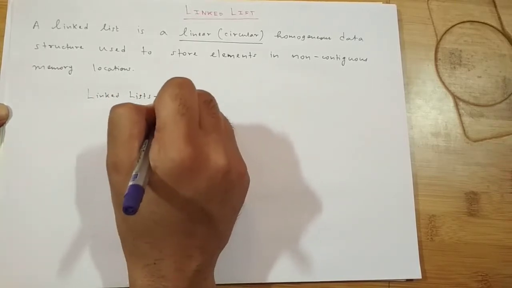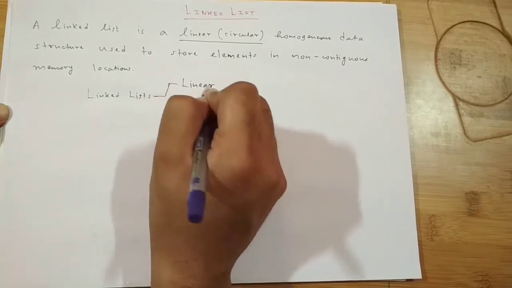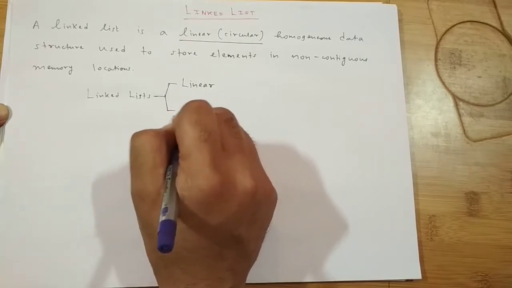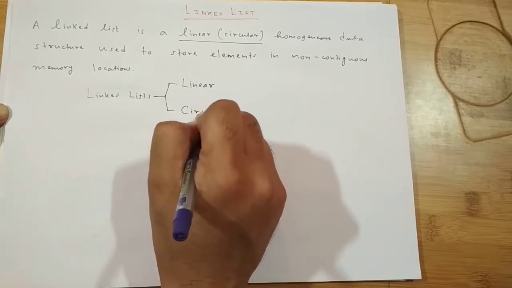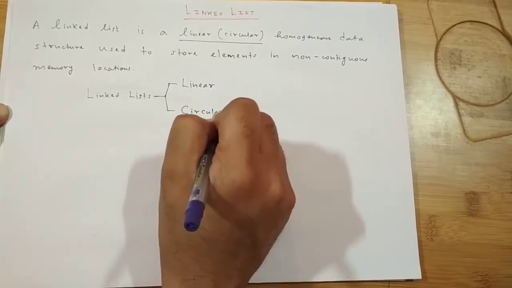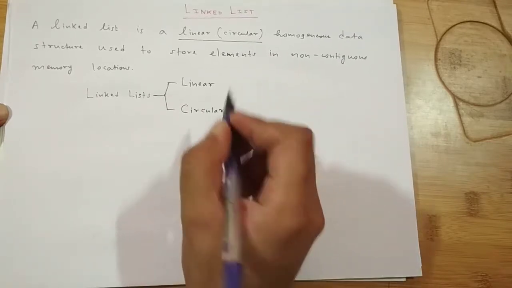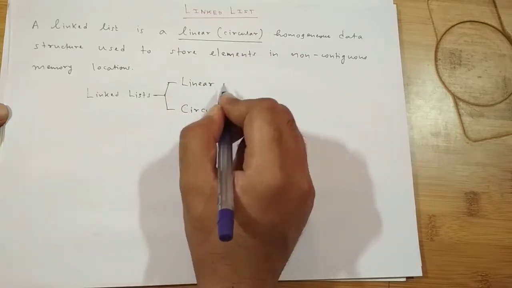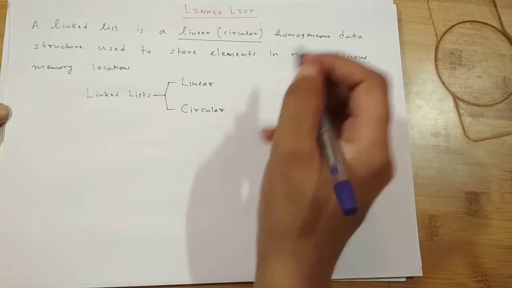Our linked list can be a linear linked list, that means arranged in a row, which has a definite starting point and a definite ending point. And we could also have a circular linked list, which will simply wrap around. So we can have linear linked lists as well as circular linked lists. We'll look at them one by one.